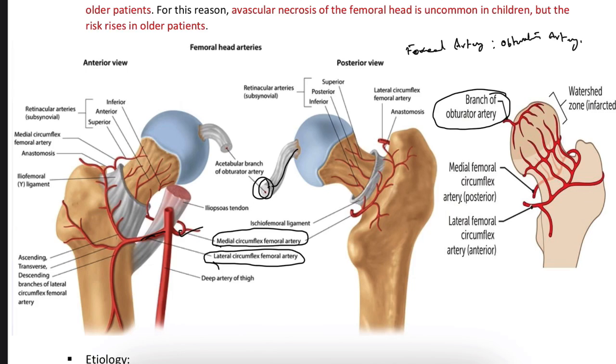Because of that, absence of blood supply will happen. That part will not get any blood, so that bone tissue will die. That is why femoral neck fracture can lead to avascular necrosis of the femoral head.